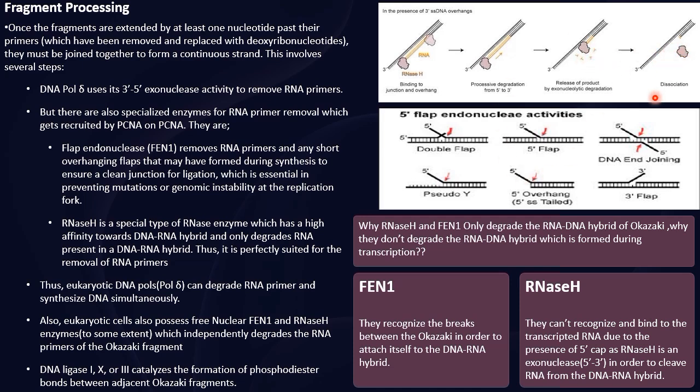The activity of flap endonuclease is different from RNase H. What it does is it recognizes either a flap or a single-stranded break, then cleaves the DNA and forms a flap-like structure like this, then cuts the flap itself after some time. This is the activity of the flap endonuclease enzyme.